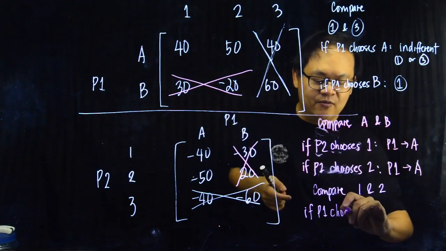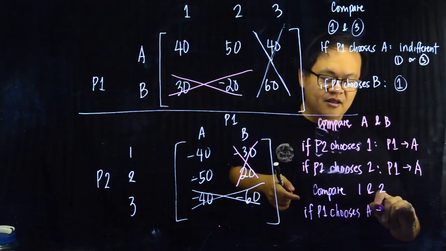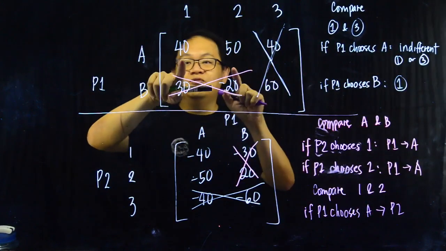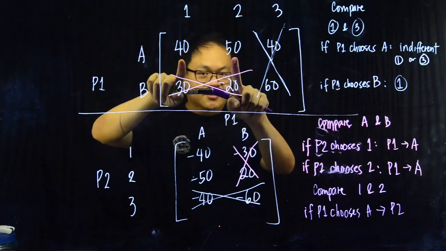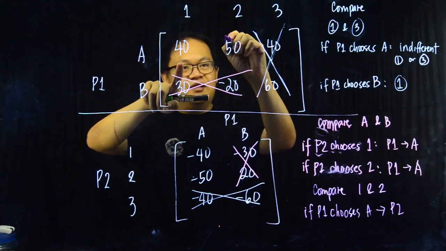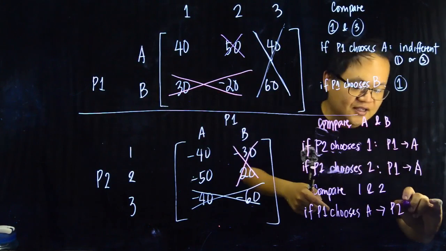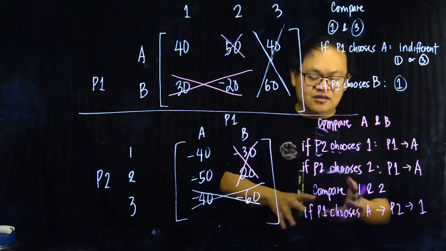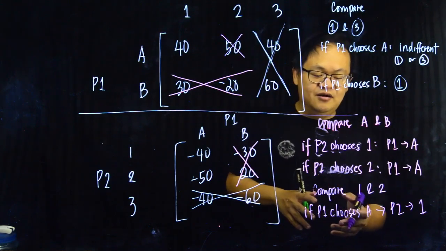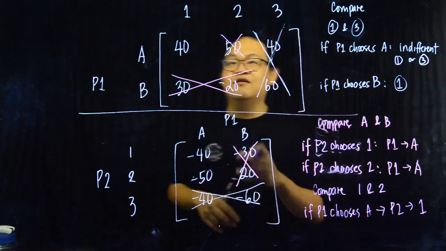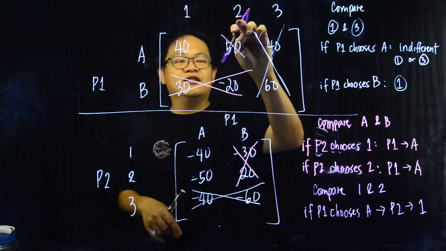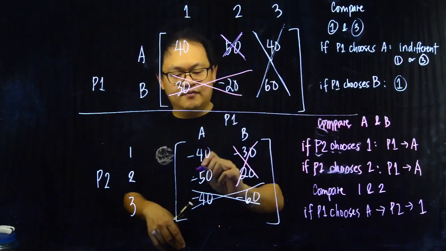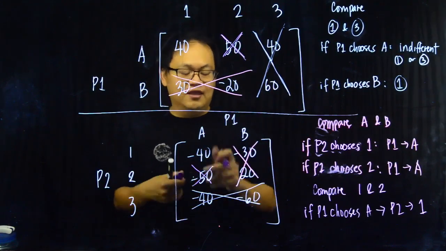If player 1 chooses A, player 2 has the choice between losing 40 or losing 50. Because losing 40 is better than 50, player 2 chooses 1. And because player 1 doesn't have any other strategy available, it is clear for player 2 that strategy 2 is dominated. In the same way, if this is dominated, this is also dominated.